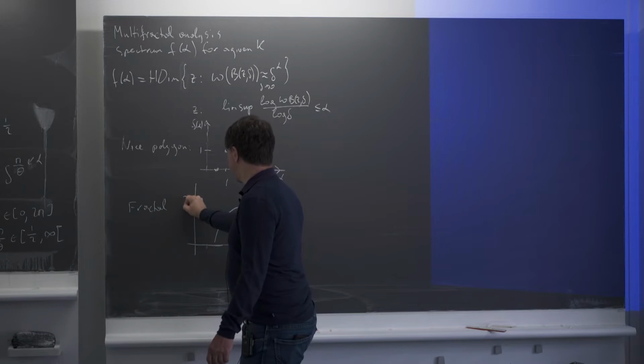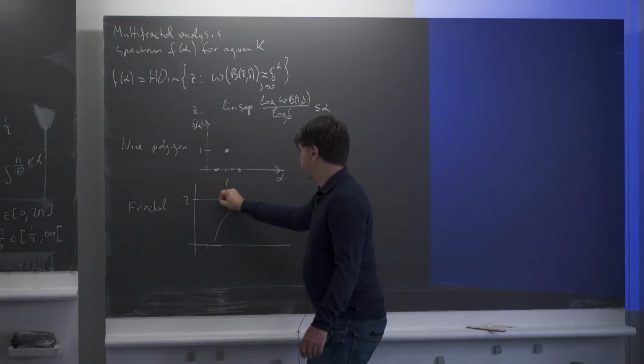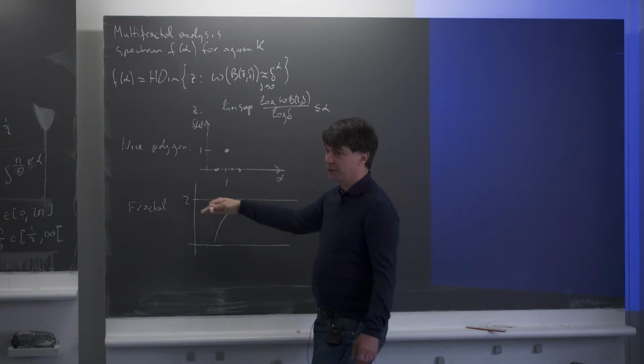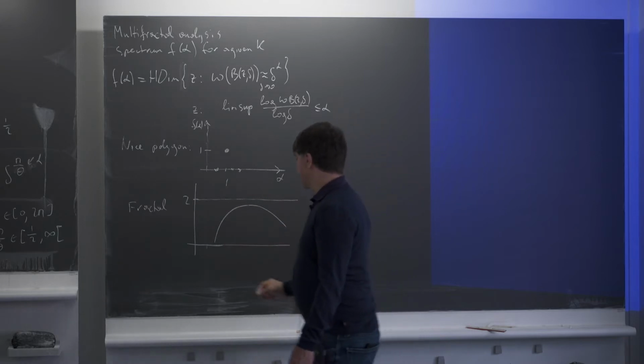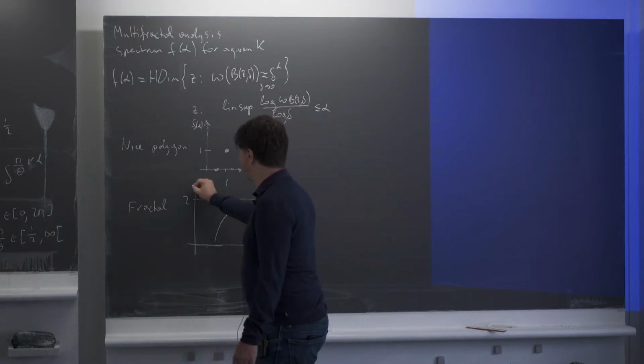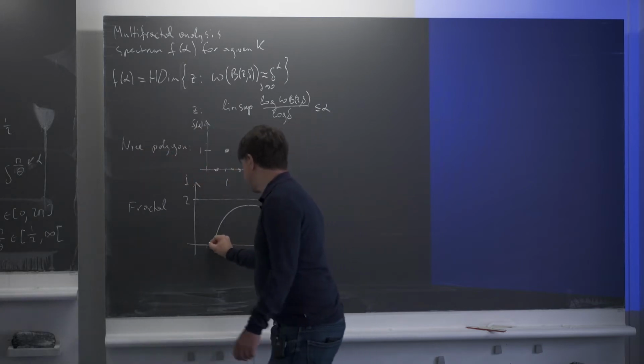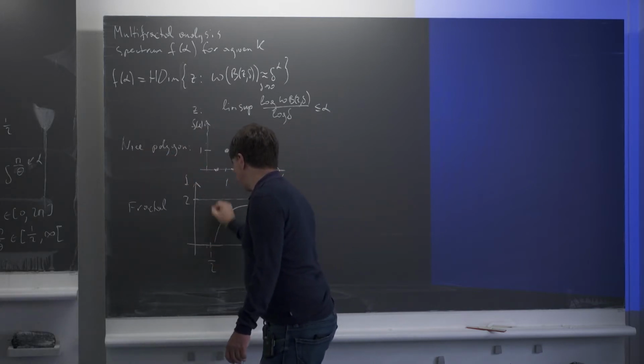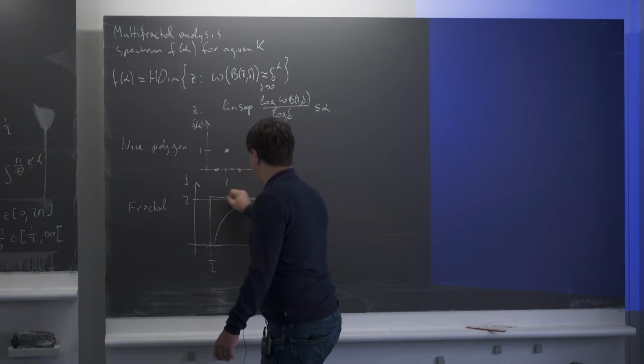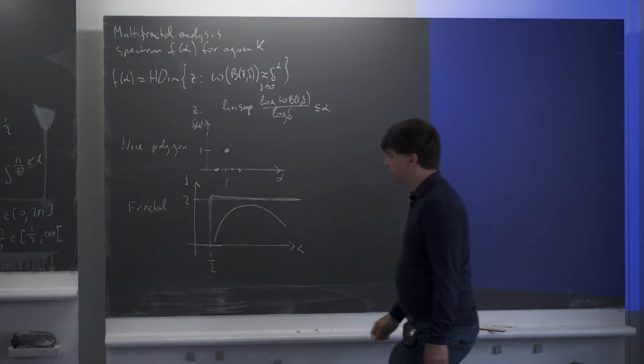First, the dimension cannot go above 2 because we are in the plane. Second, the power, which we'll prove in a second, cannot go below 1/2. So this is the bound. So the graph is contained in this region. It can, in principle, touch it.